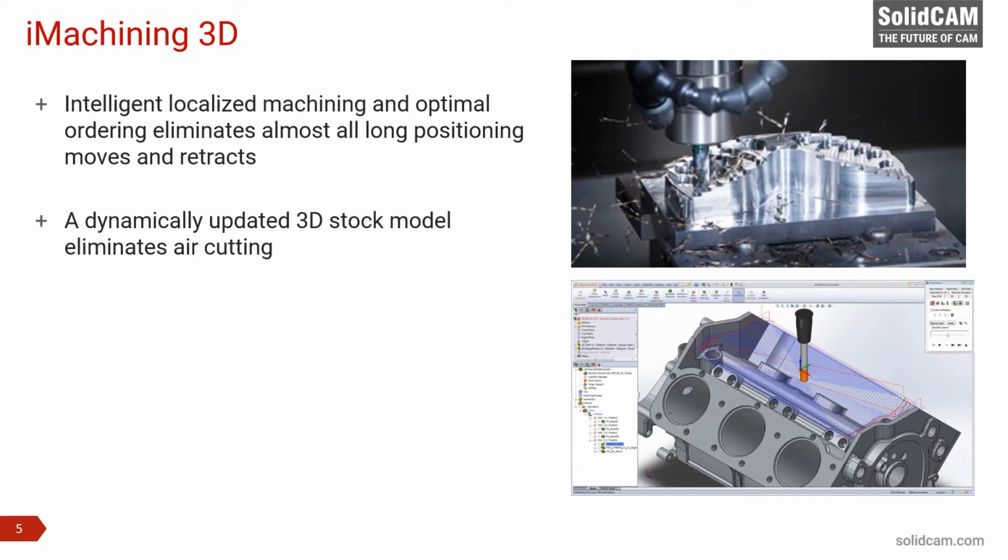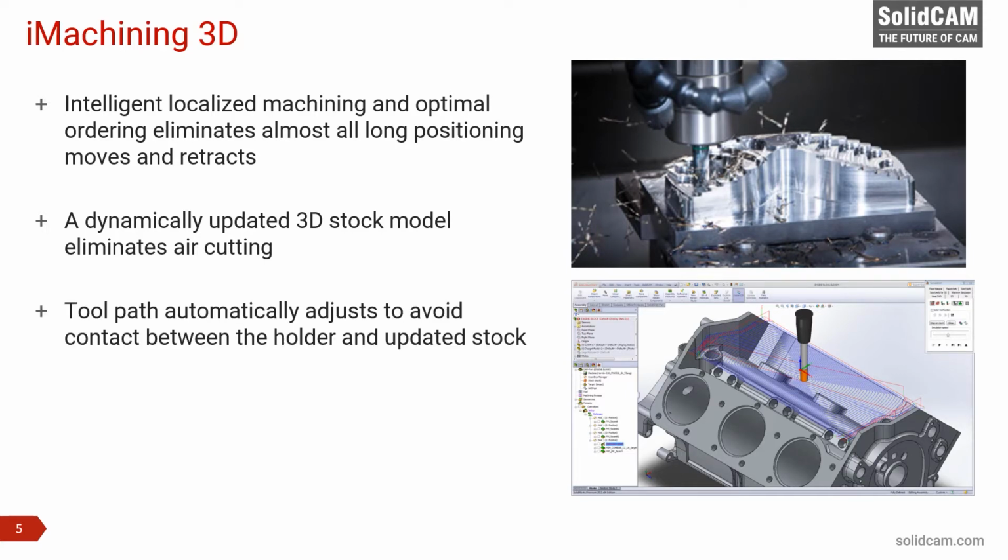The stock is updated dynamically, and at every given point in iMachining 3D, we always use the dynamic 3D stock, which is available to SolidCAM at every given point. And the toolpath automatically adjusts to avoid the contact between the tool, the holder, and the updated stock.